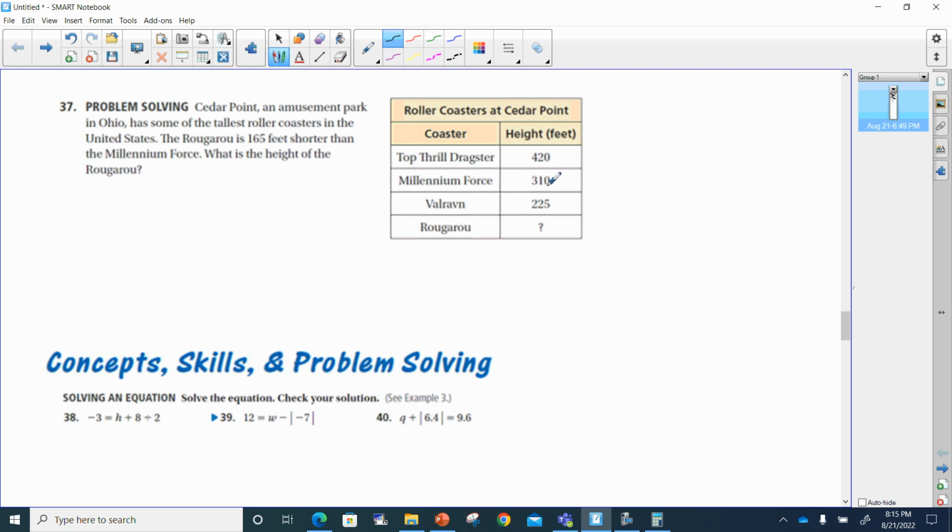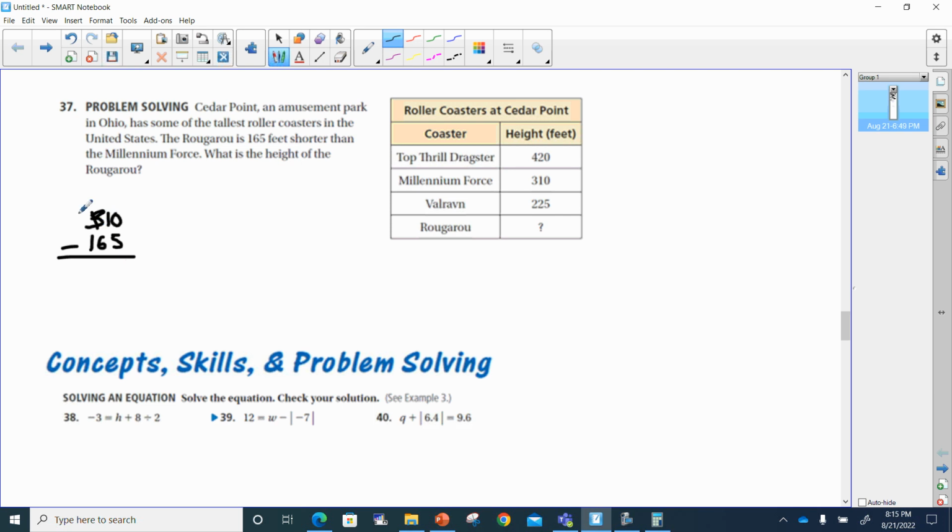Well, if it's 165 shorter, this is going to be 310 minus 165. And that tells me, let's see, that's going to be 5.